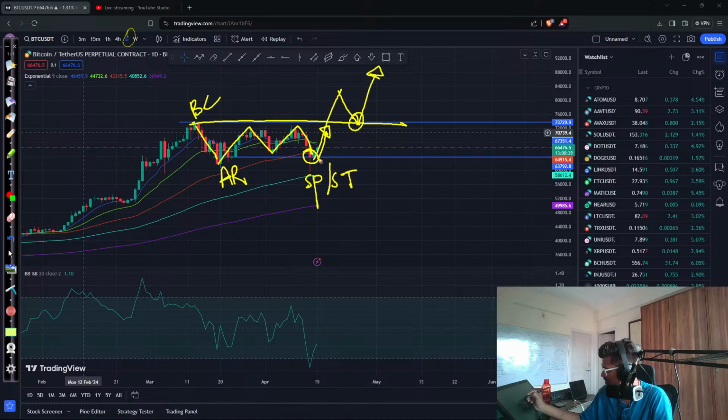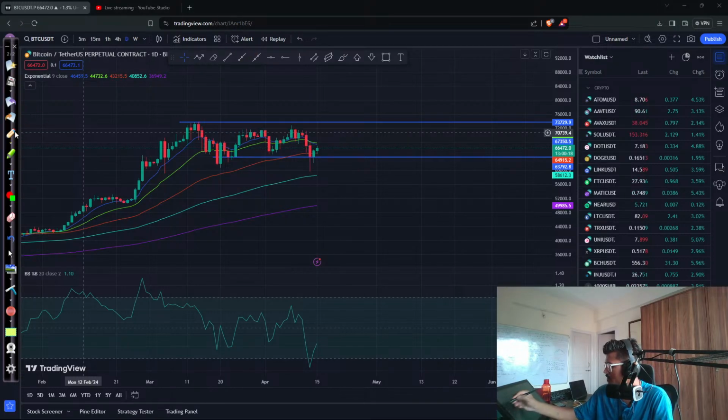But right now I wouldn't enter long, because we are still in lower high territory, so we're not making that much progress. We are making lower low and lower high on the higher time frame. So watch for it.